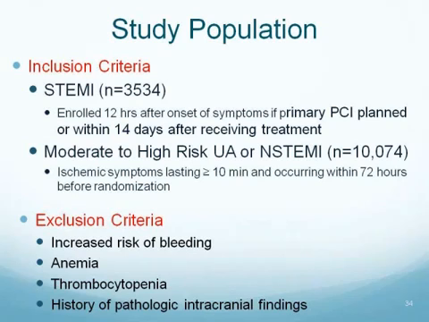They excluded people who they thought would be at increased risk of bleeding if they had anemia or thrombocytopenia. They also excluded anyone who had any history of any kind of intracranial pathology, and patients who had received a thienopyridine within 5 days before enrollment.